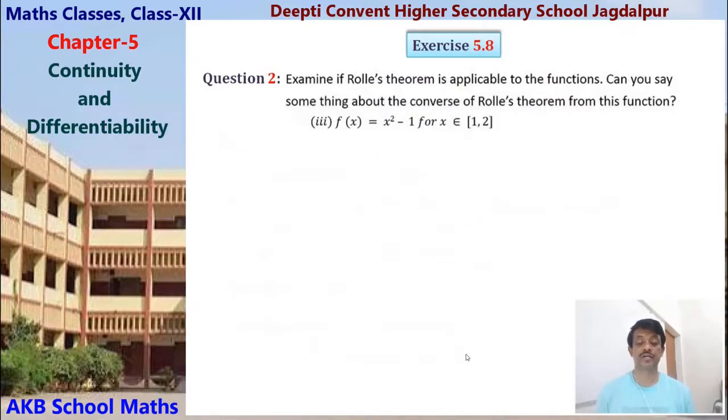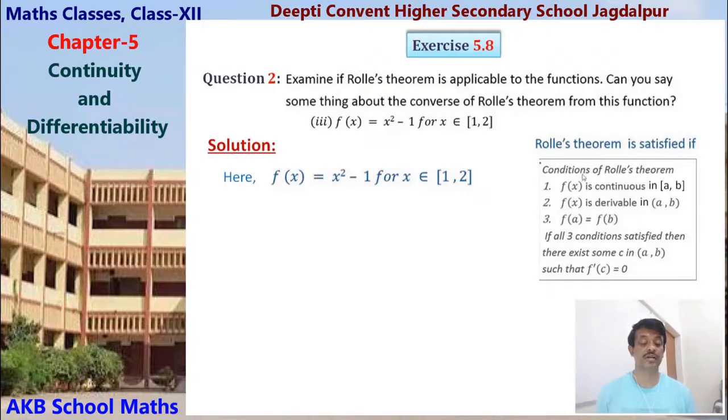Okay. Now the third function, f(x) equal to x square minus 1, for x belongs to [1, 2]. We know that Rolle's theorem can be applied if the three conditions are satisfied.